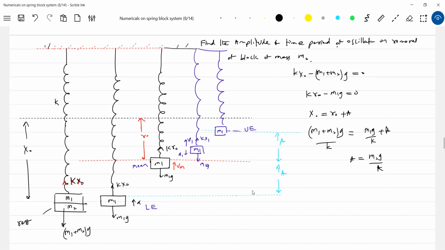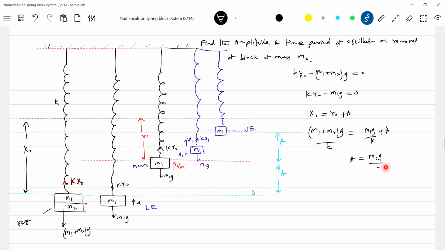Or else the difference of these two is the amplitude. You have to look at this part. I'll extend the blue color line so that it'll be easy for you. Agree? So this is the amplitude.